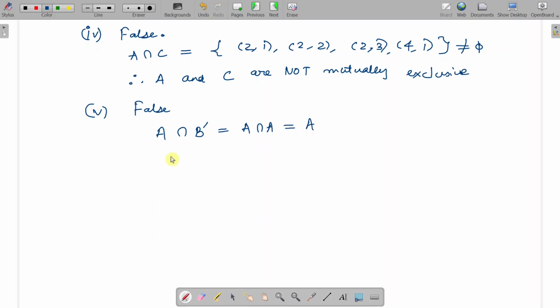So this is equal to A, which is not equal to empty set, right? So therefore A and B complement are not mutually exclusive, right?